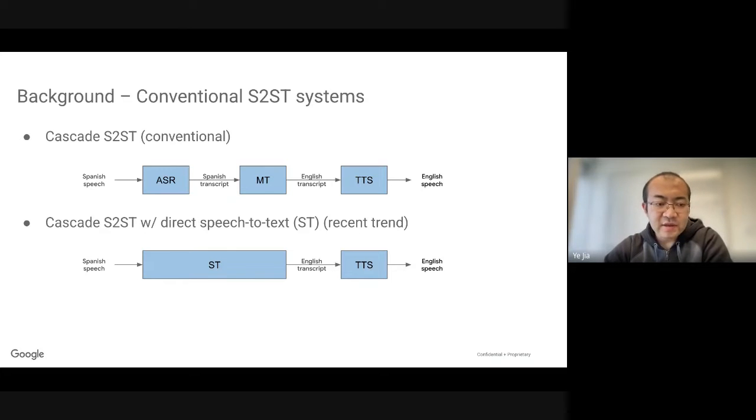And recently, there is a trend to fuse the ASR and MT into a single system, which is called a direct speech-to-text translation model. As you can see, both approaches rely on text as the intermediate representation among systems.